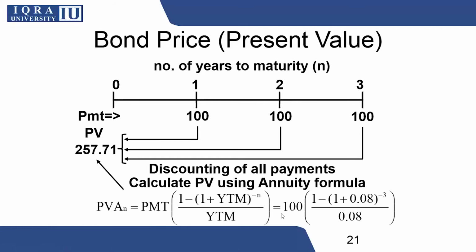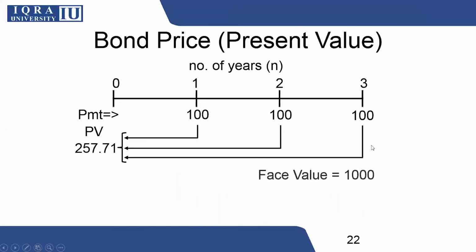So student, 2 things are important. One, you are receiving these interest payments each year, and as we discussed earlier, in the last year you will also receive the face value that is 1000. So that should also be incorporated in this working. Once you have calculated the present value of all these cash inflows that you will receive from the company, you will also take one additional concept.